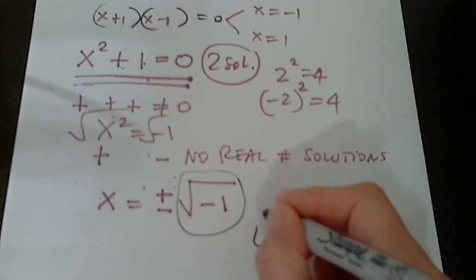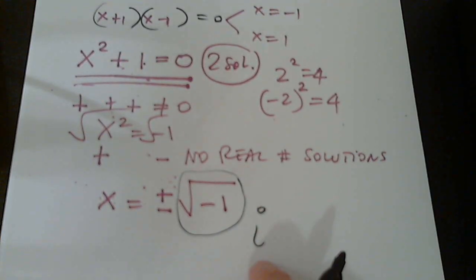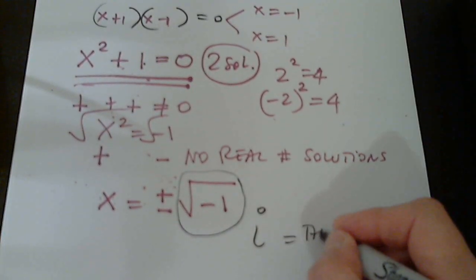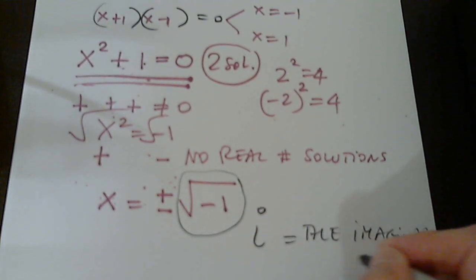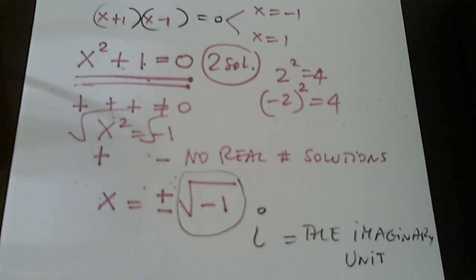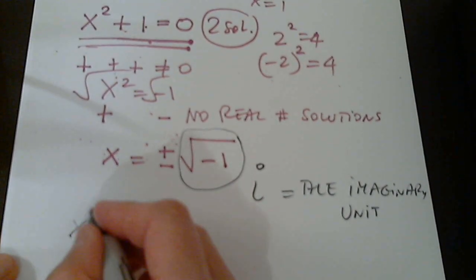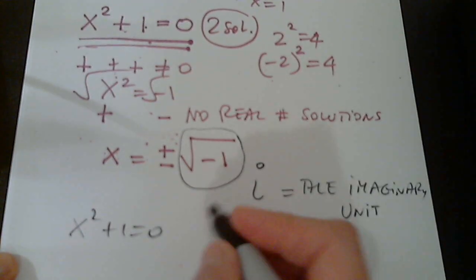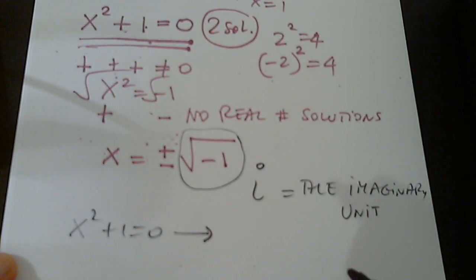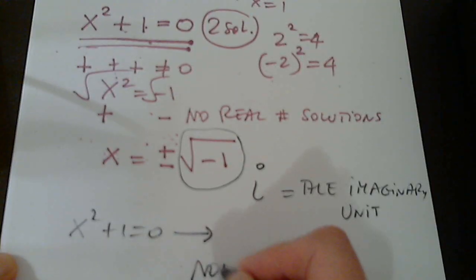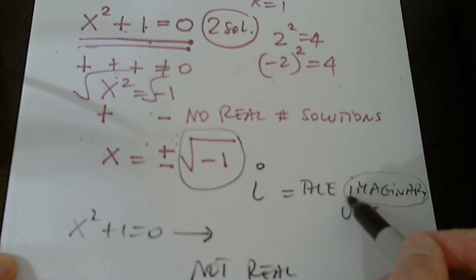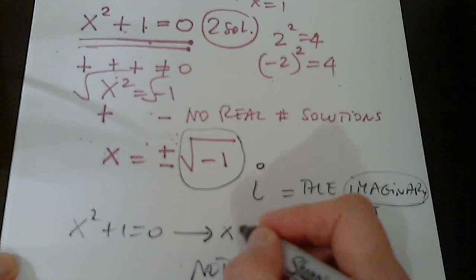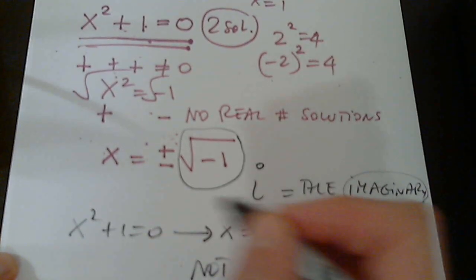So they said, we are going to call it i, lowercase i, the imaginary unit. So x squared plus 1 equals 0 has 2 solutions, but they're not real. What are they? Imaginary. And the solutions are plus or minus i.